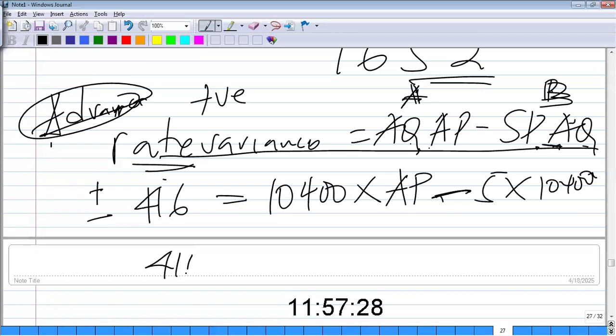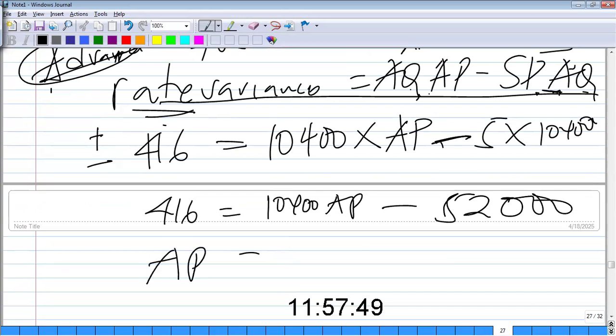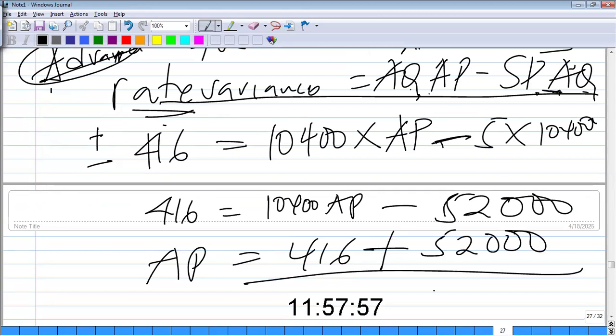So 416 is equal to 10,400 AP minus 52,000. Take this side or the other side: AP is equal to 416 plus 52,000 divided by 10,400.